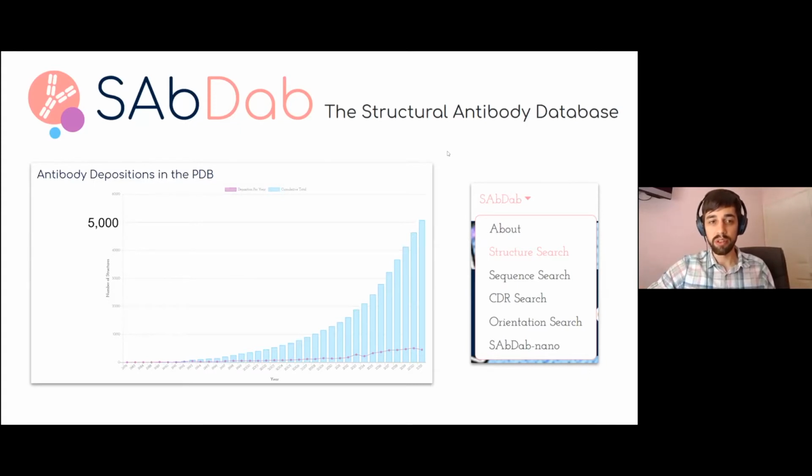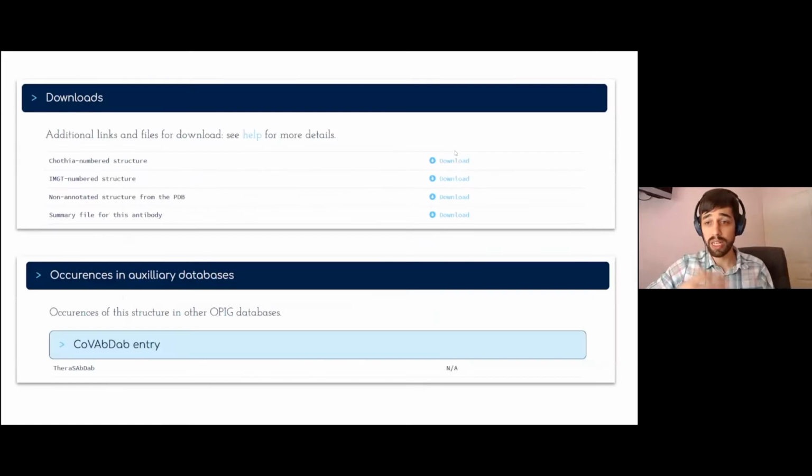And if we click through to the next slide, you can see the sort of readout that you get for each entry. So there's a metadata table that I haven't shown here, which tells you a lot of parameters about the antibody structure itself, but it also allows you straight away to download this structure numbered in some of these intuitive numbering schemes that Charlotte was mentioning via our ANARCI tool. So you can get it in an IMGT or a Chothia numbered format, or you can just get it as the plain wild type.